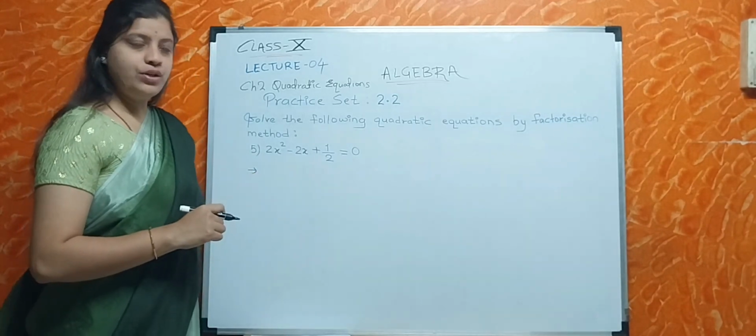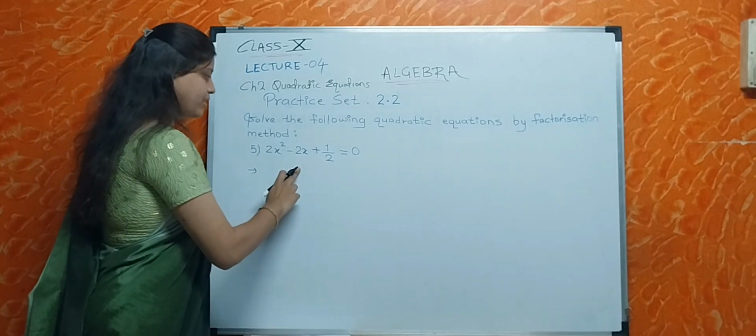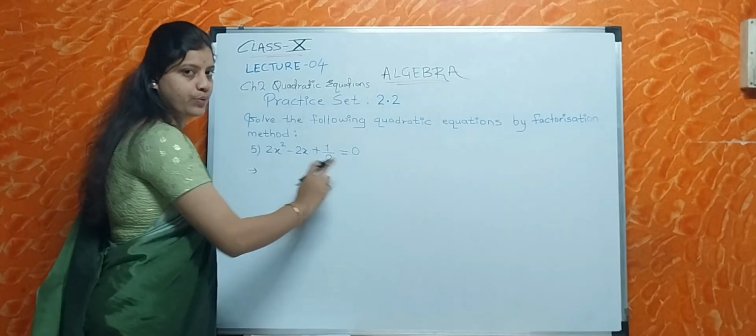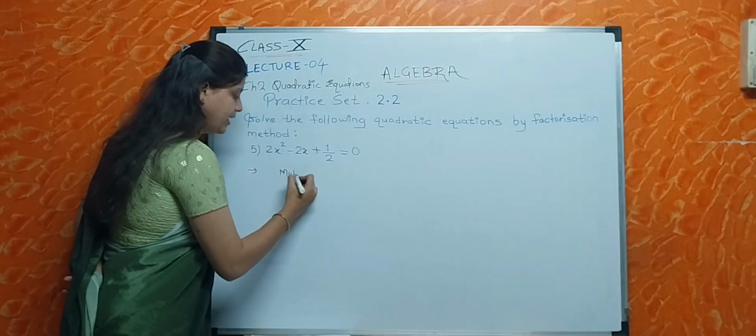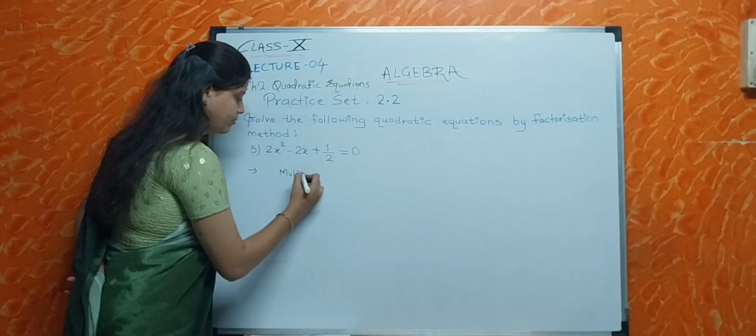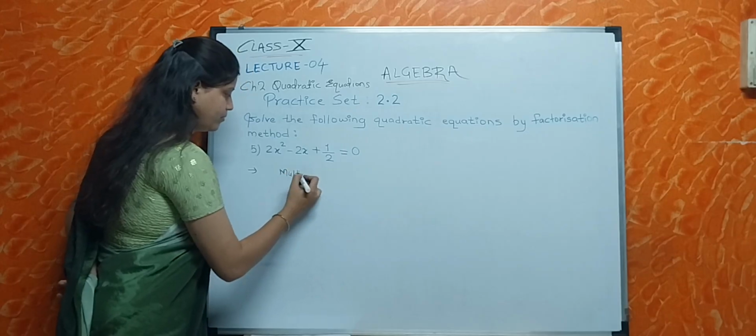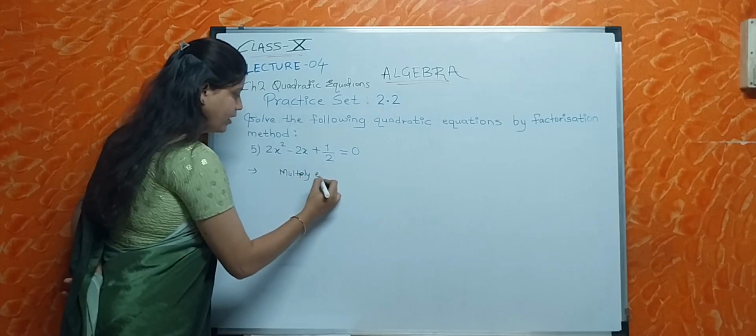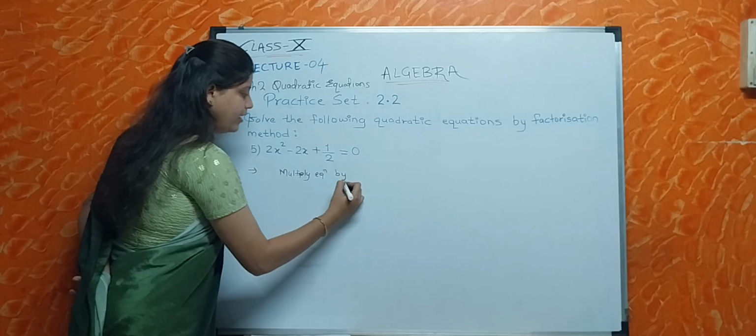Now, what is the fifth question? 2x square minus 2x plus 1 upon 2 is equal to 0. Multiply the equation by 2.